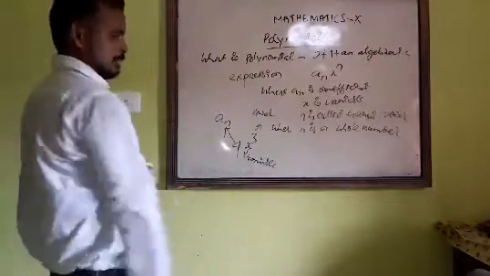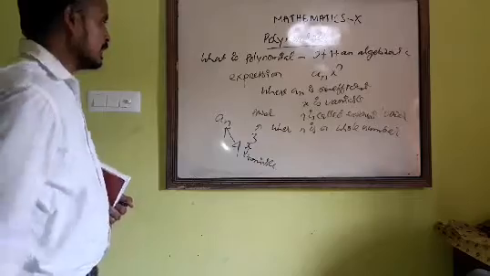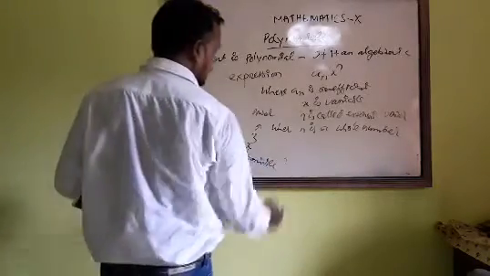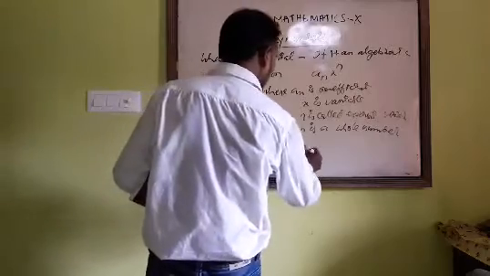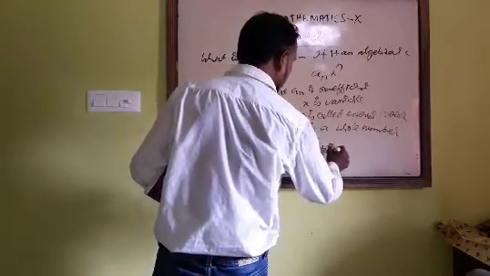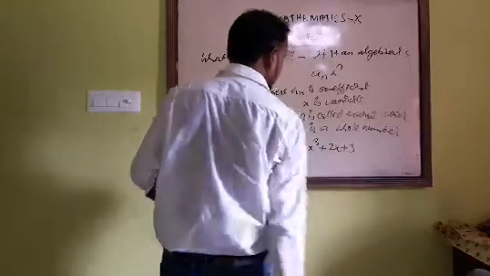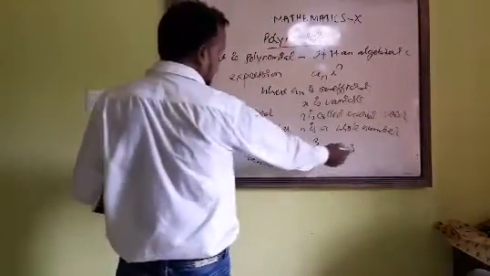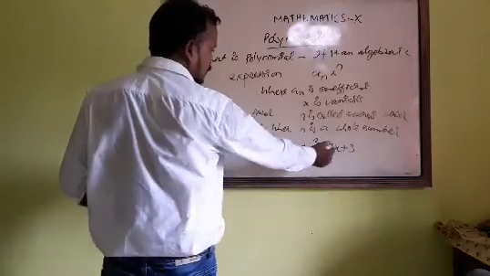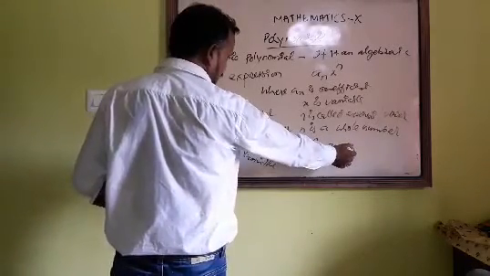So it is a polynomial, and this polynomial is of one term. Similarly, you can take another example: 4x squared plus 2x plus 3. How many terms? It has 3 terms. 4x squared one term, 2x one term, and 3 one term.